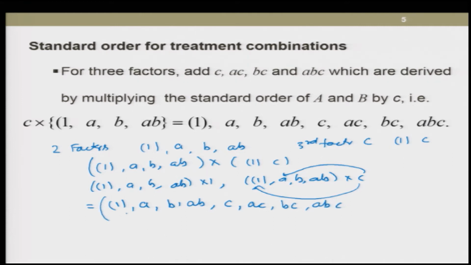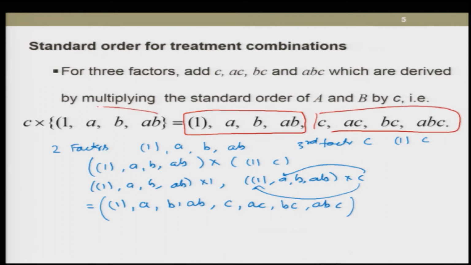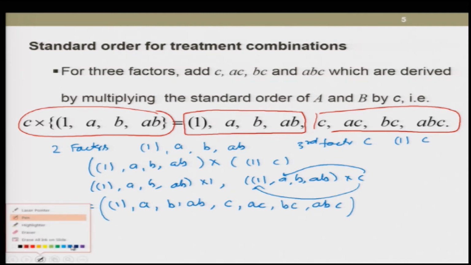So, this is my standard order, and in a simple way I can say that if you want to find out the standard order of the three factors, and you already have found the standard order of the two factors, the rule is this: first write down the standard order of the two factors, which I am going to denote here in red color, and then multiply it by c, like this, and whatever you get will be the standard order for the three factors.